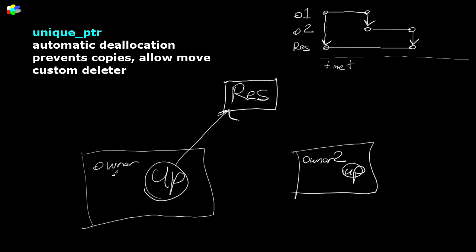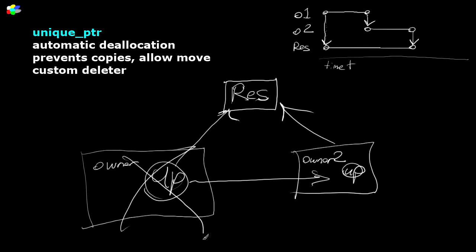Owner 1 and owner 2 both own the resource with a unique pointer. When it's time to pass the torch, you can just do a move from this unique pointer to this unique pointer. You transfer ownership. Then when this one dies, it's not going to delete the resource because it's now owned by owner 2. So that works for this kind of life cycle.